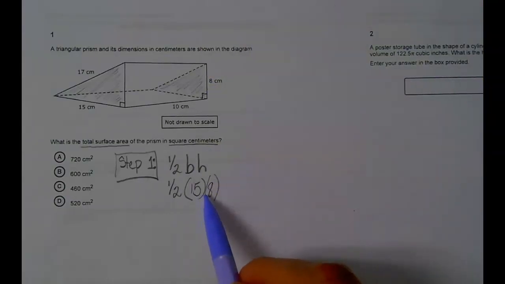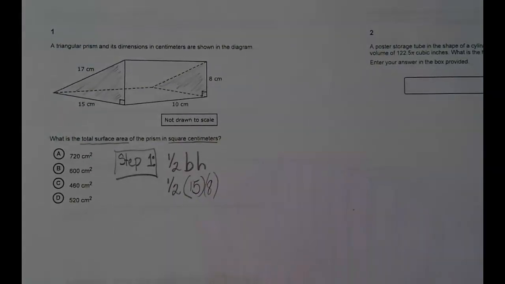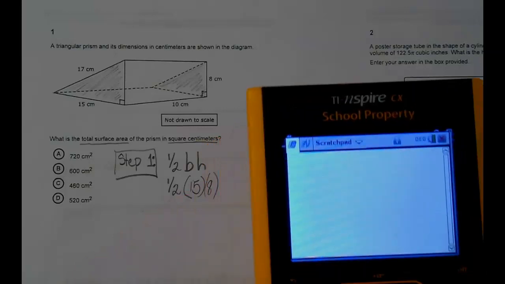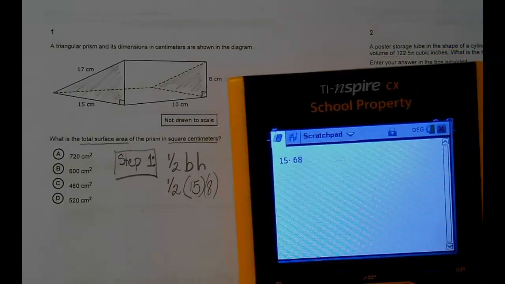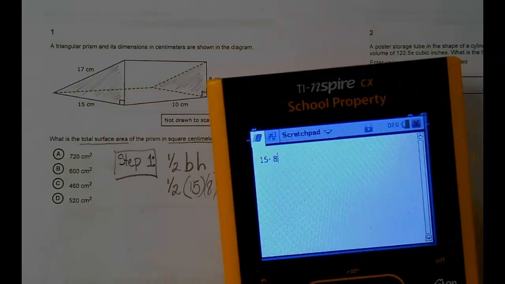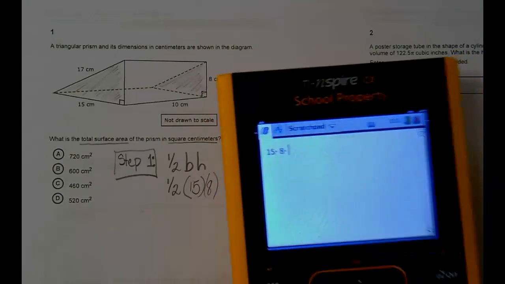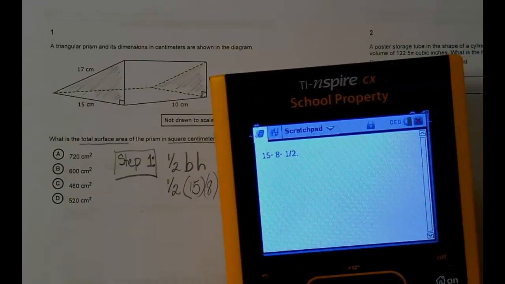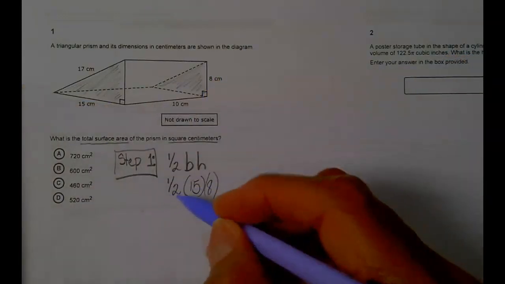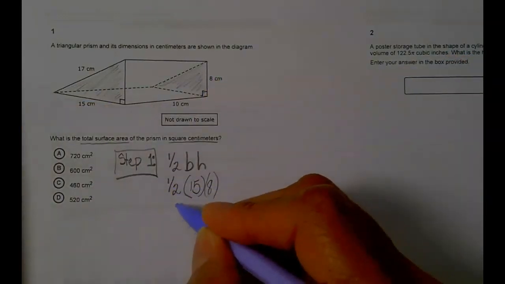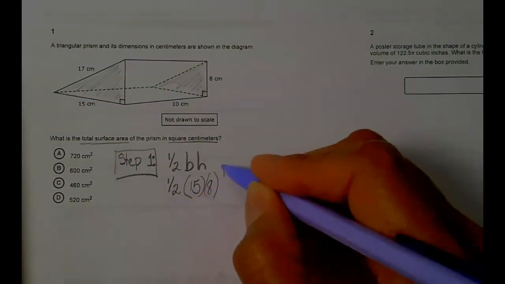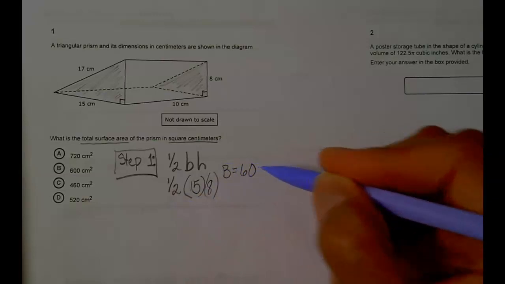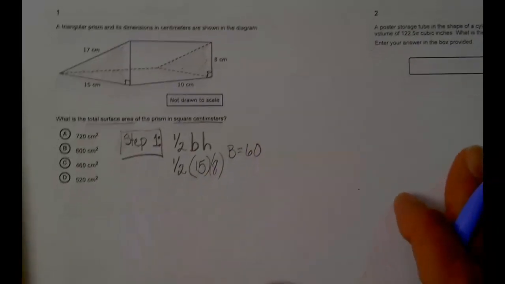So if I multiply, let me get my calculator, 15 times 8 times 1/2, 1 divided by 2, is going to give you 60. So the big B is going to equal 60. So now I just found step 1.